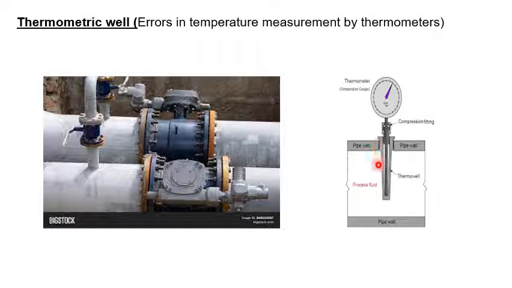In the pipeline, we are making a small well, and the temperature measuring thermometer is inserted inside, and this well will protect the thermometer from being directly in the fluid, and the temperature of the fluid can be measured by using the thermometer. But by doing so, there may be some error, because the fluid temperature will not be the same, and some error will occur in the thermometer which is installed over here.